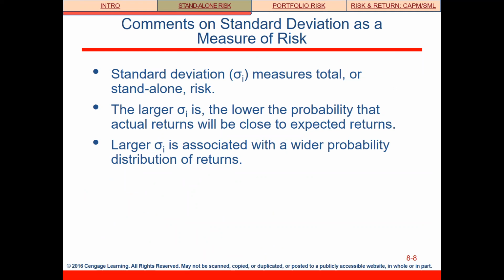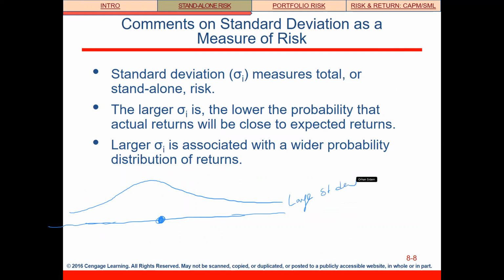Let me draw a graph to understand. Assume this is the expected return, the mean. If there's a larger standard deviation, the distribution will be a wide curve like this. This is large standard deviation. The larger the standard deviation, the lower the probability that the actual return will be close to expected.